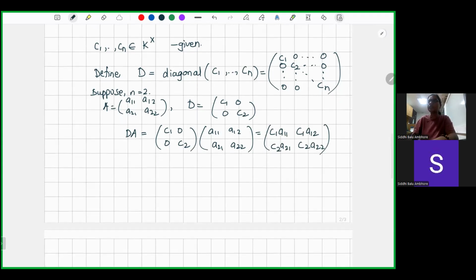What it is doing is multiplying the first diagonal entry into my first row, and so on for everything in the diagonal.